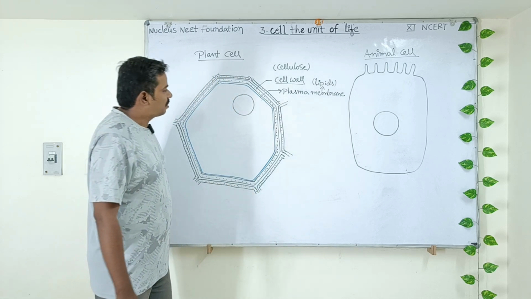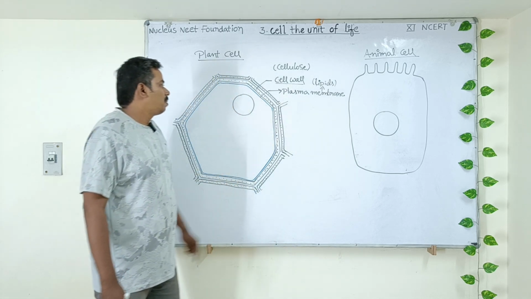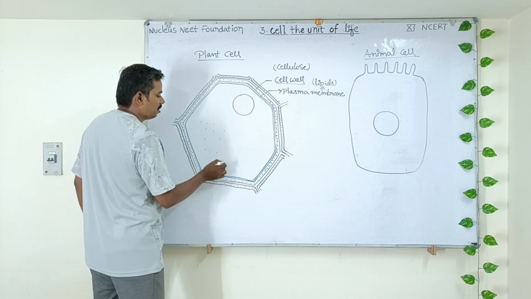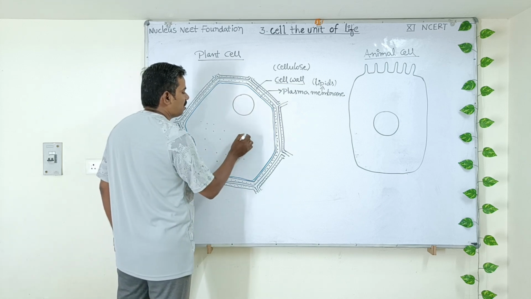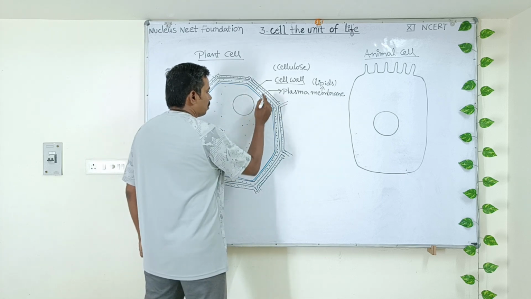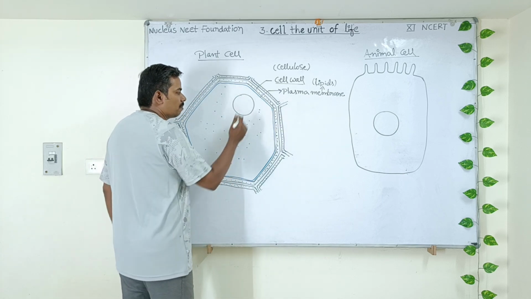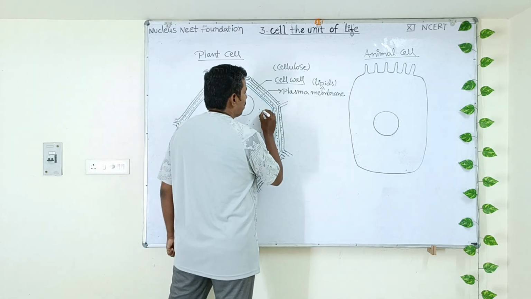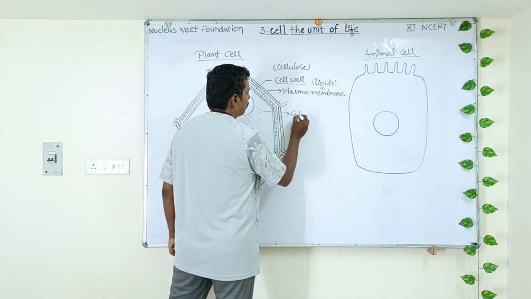Okay, next, below the plasma membrane you can see there is a fluid matrix which is called cytoplasm. So inside the cell, below the plasma membrane, the entire space is filled with a fluid called as cytoplasm.